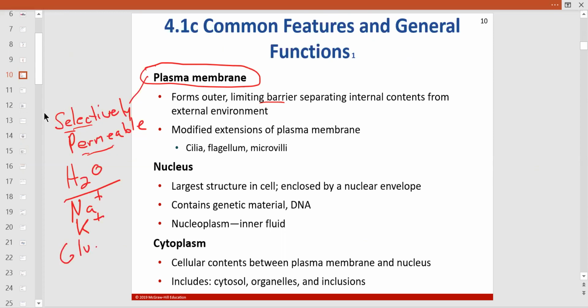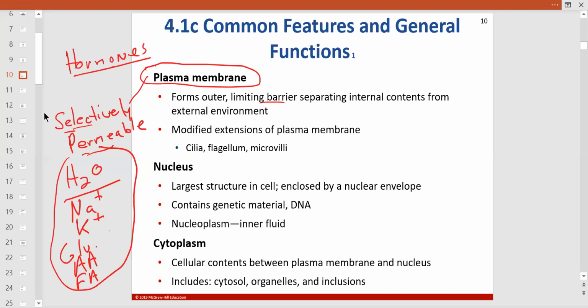Glucose, amino acids, fatty acids, hormones like testosterone, growth hormone. Now, testosterone goes in the cell. Growth hormone really doesn't get in, but it makes a change. But these are really important, these kind of things. And also calcium.